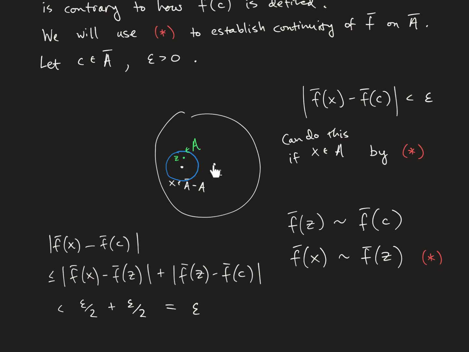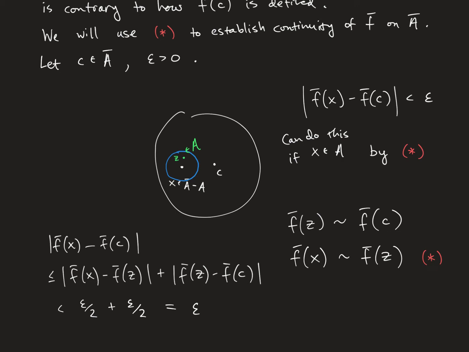So you have Z in A over C in A bar. We need this Z to be close enough to C to respond to the epsilon over 2 challenge. So we're going to want this big ball here around C to be the delta which responds to an epsilon over 2 challenge. And then we'll make this blue ball in here around our X small enough to respond to the epsilon over 2 challenge of star for this point X.